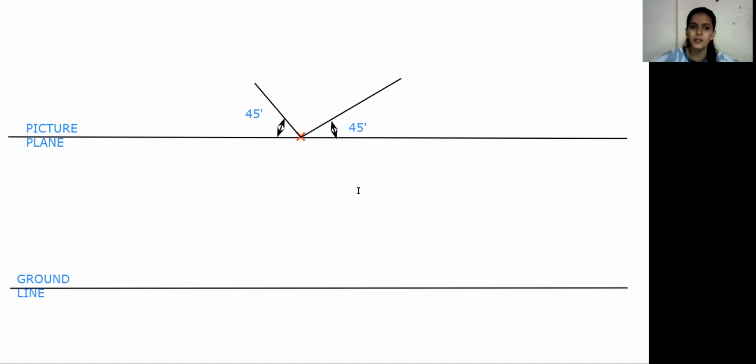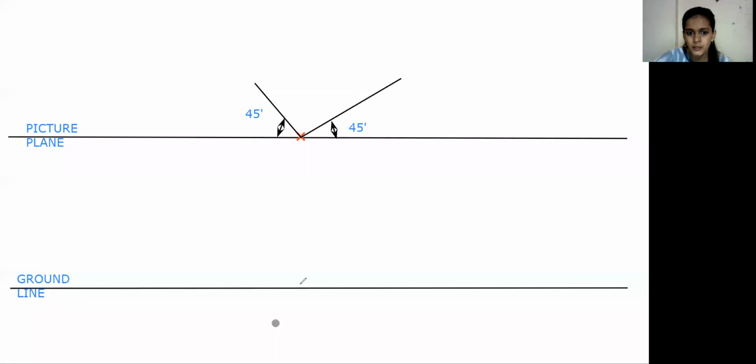Okay. Now it's time to locate our observer. Where to locate? Below the ground line. At which point exactly? You can consider any point here, here, here, here, anywhere, but below the ground line. Suppose I'm going to take the observer here.